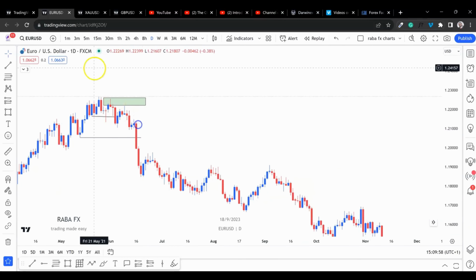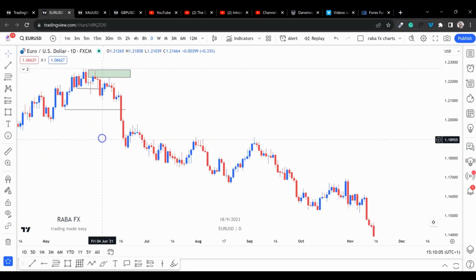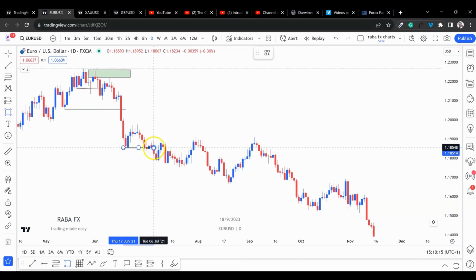But let's move forward. Now the market moves up, breaks this low. Okay, we have a shift in market structure now. We created the high. The high broke this low. We have a break here. Pull back. Market came up.